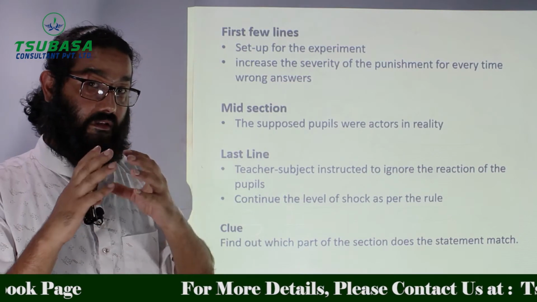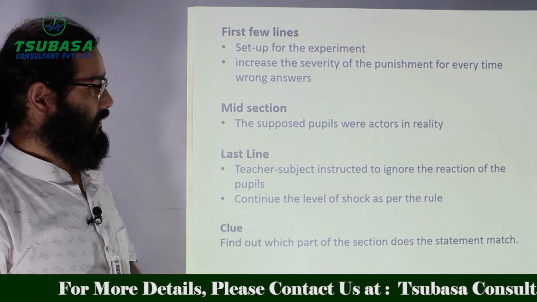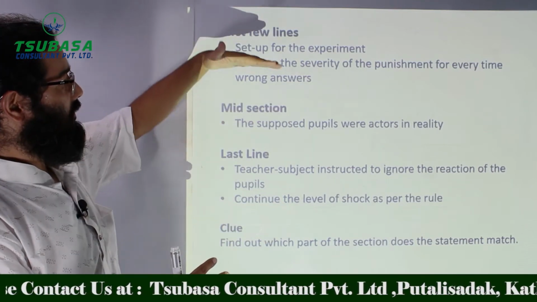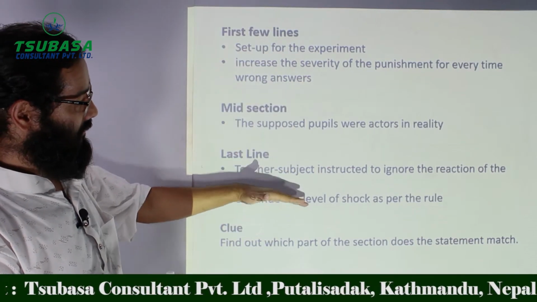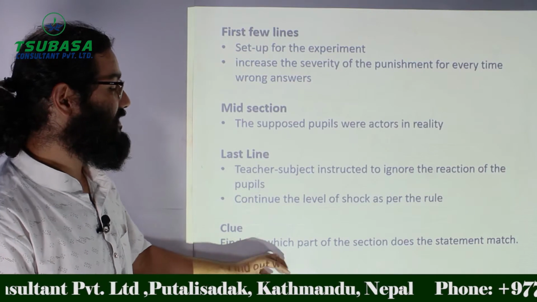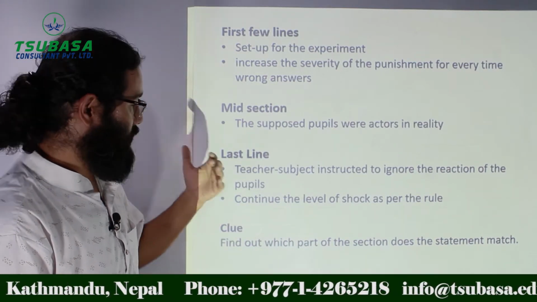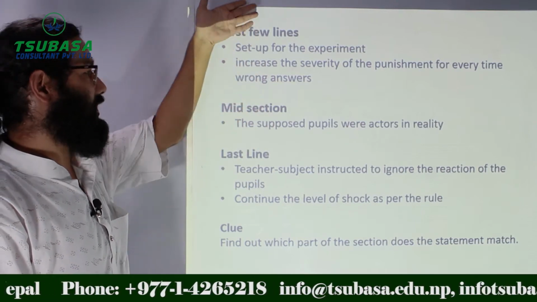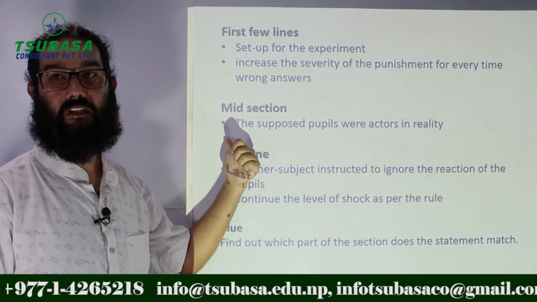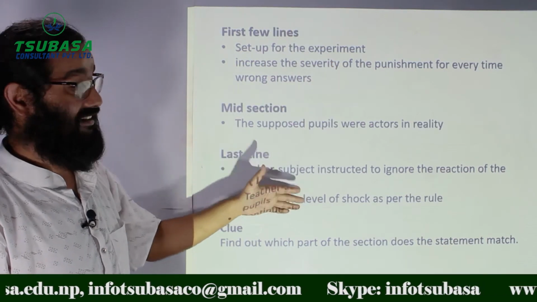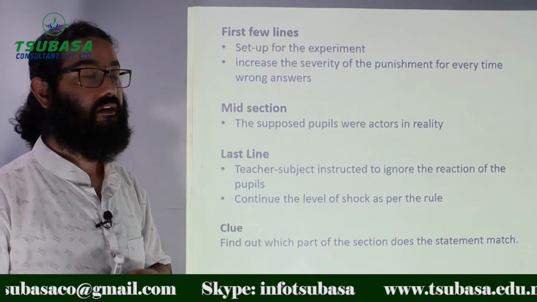Now, the clue is, if you have no idea about what this paragraph is about, when you brainstorm, find out which part of the paragraph the statement matches. If it matches with this, or this, you know that it deals with this specific part. So this is how you're going to break the lines in the paragraph to understand the paragraph.